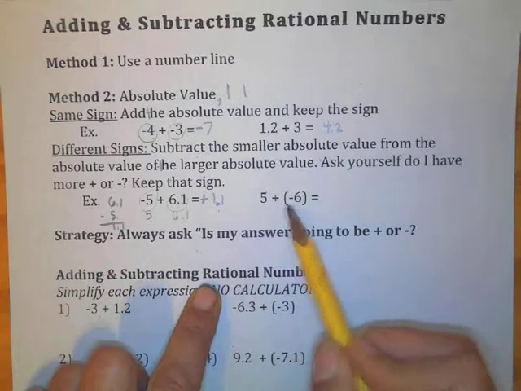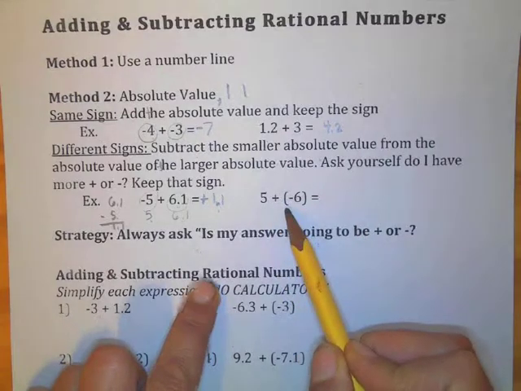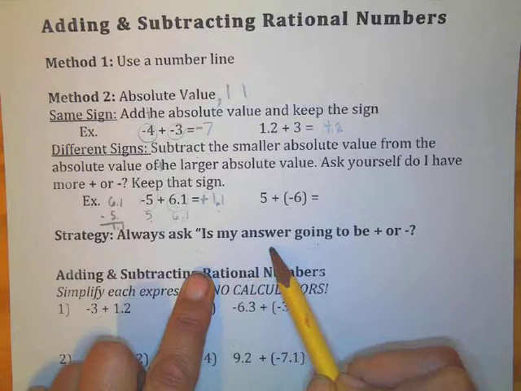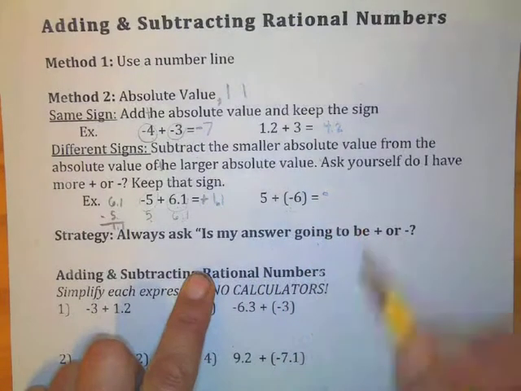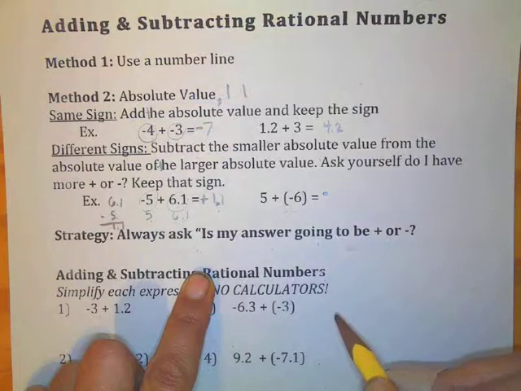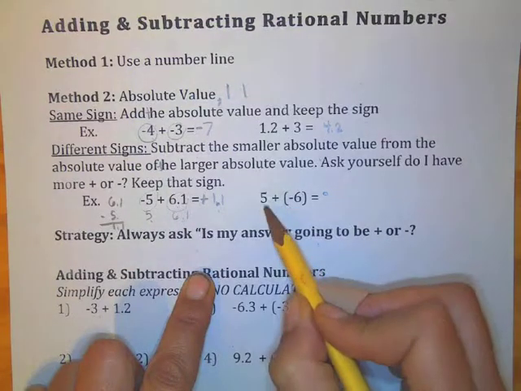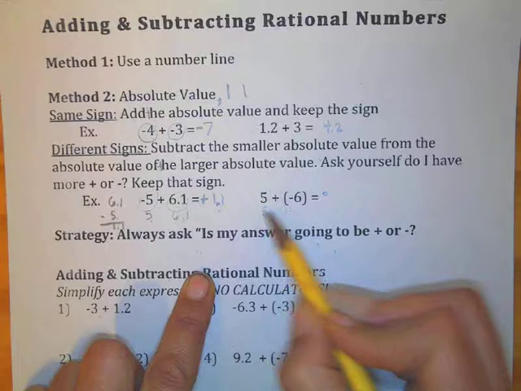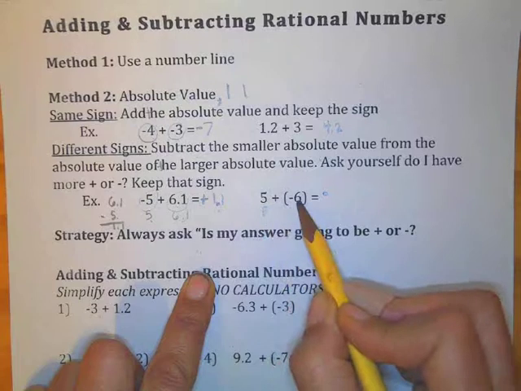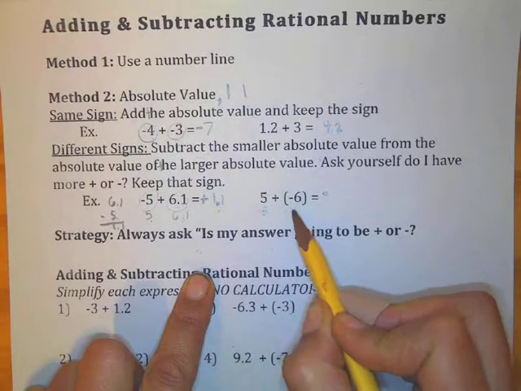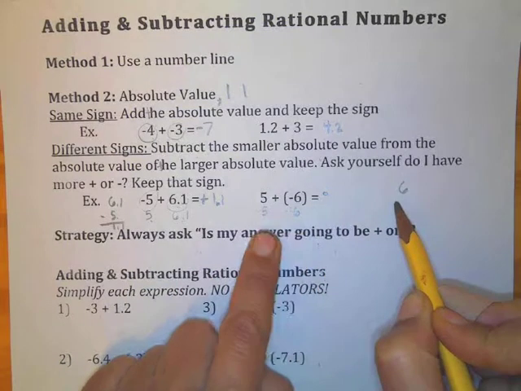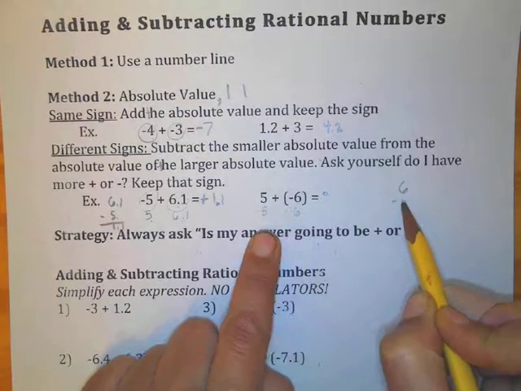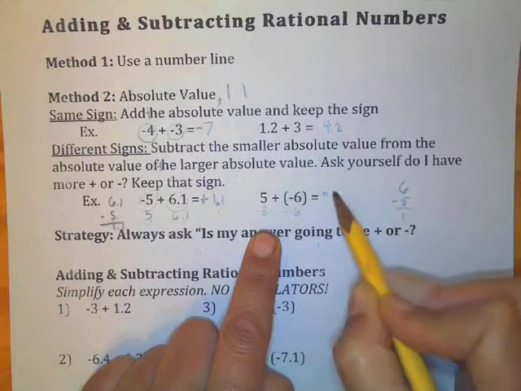Same thing, I have different signs. Before I start, I ask myself, is my answer going to be positive or negative? I have more negatives, so I know I'm going to end with a negative answer. The absolute value of 5 is 5. The absolute value of -6, how far away it is from 0, is 6. I'm going to take the larger number and subtract the smaller number from it, so I get 1.